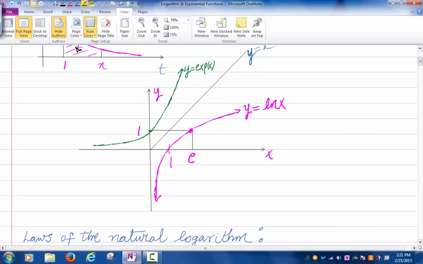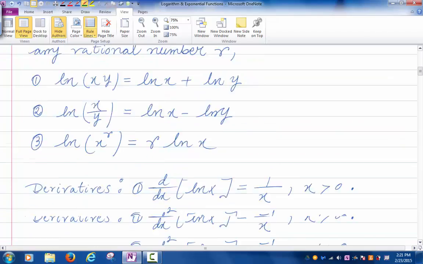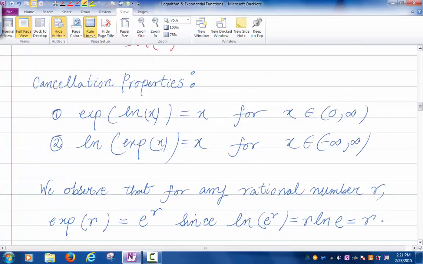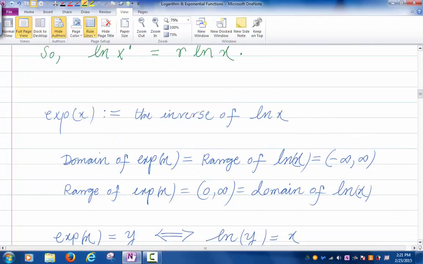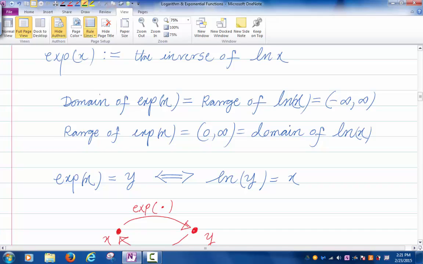And we can also see that exp goes to infinity as x goes to infinity. So what is again exp of x? Exp of x is the inverse of ln of x. So the domain of exp is the range of ln, and the range of exp is the domain of ln. So we know the domain and range of the exp function as well.